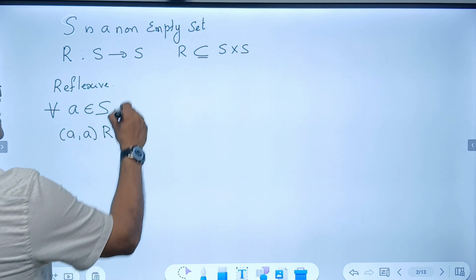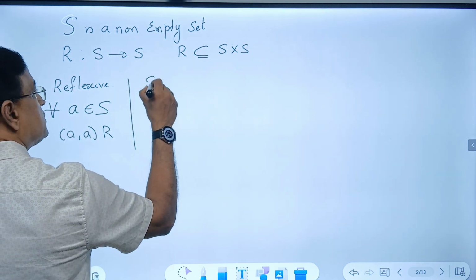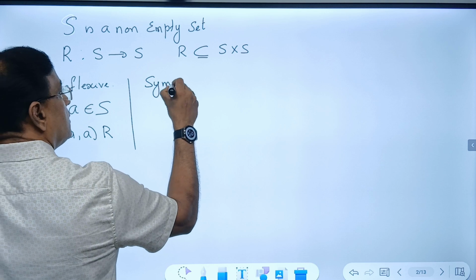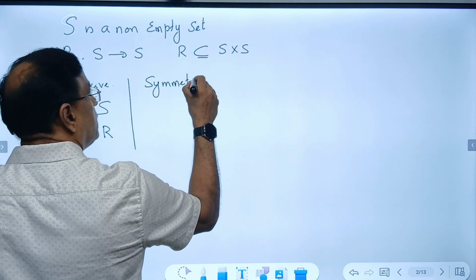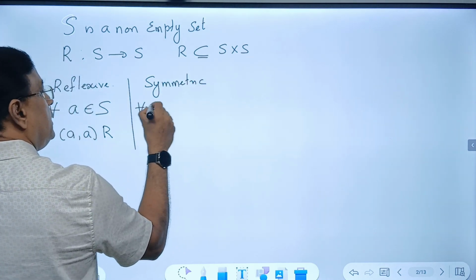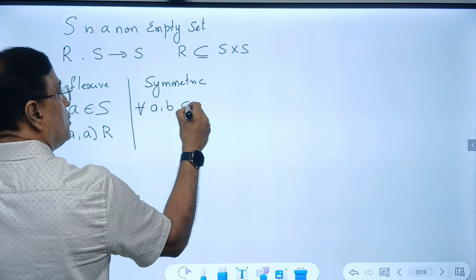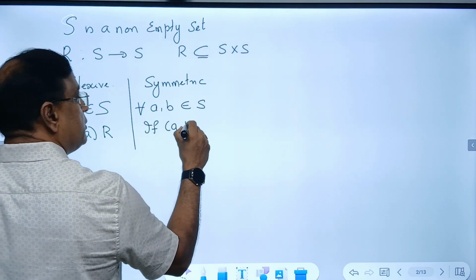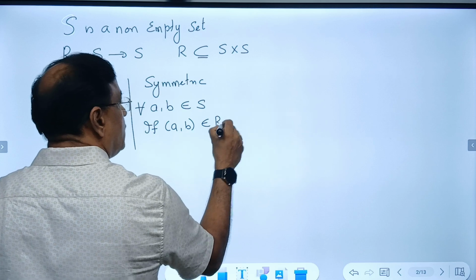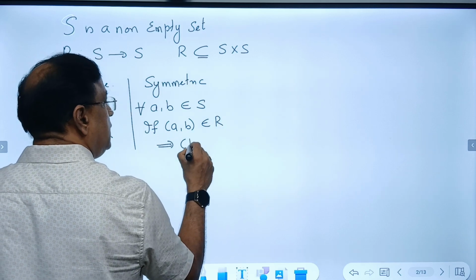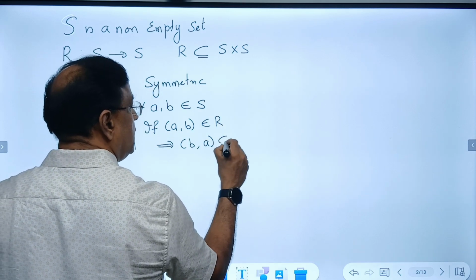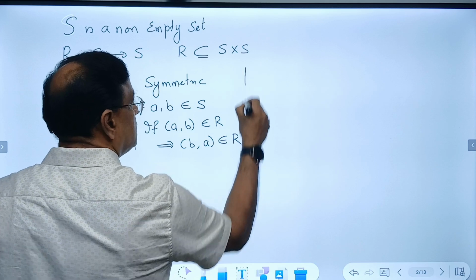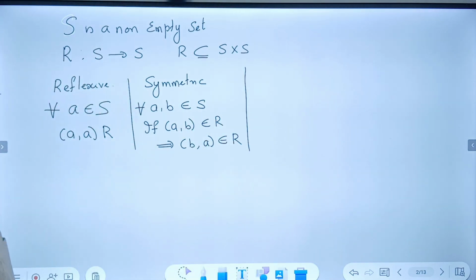Next is symmetric. What is a symmetric relation? For every A, B belonging to S, if A is related to B, then you can conclude that B is also related to A. This is the definition of a symmetric relation.